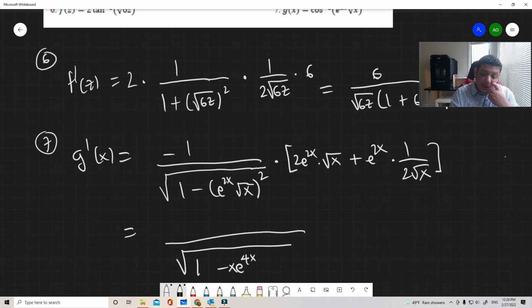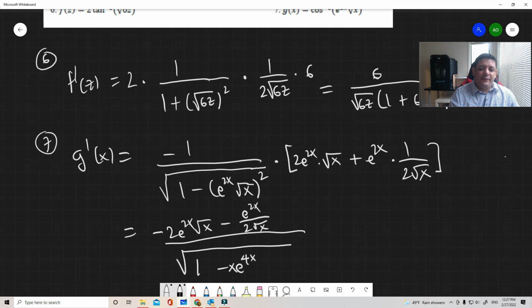Okay, and now with that, you can just multiply what this is in here, and so we're getting 2e to the 2x, the square root of x, with a minus, and minus e to the 2x over 2 square root of x.